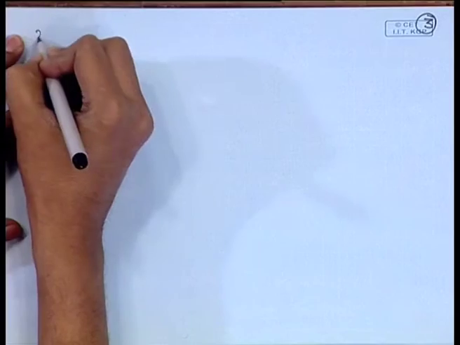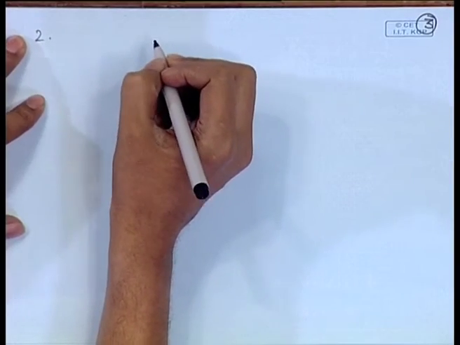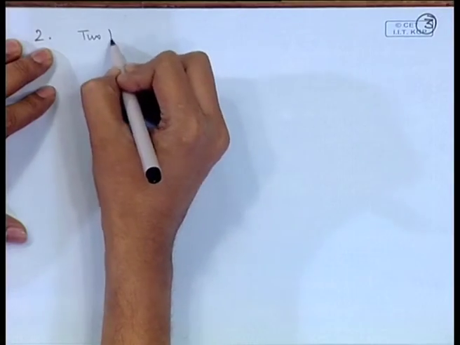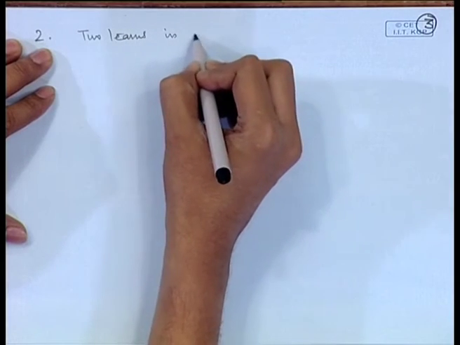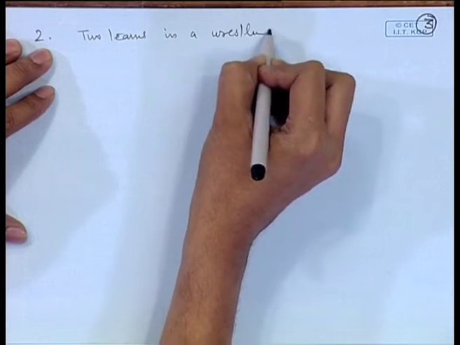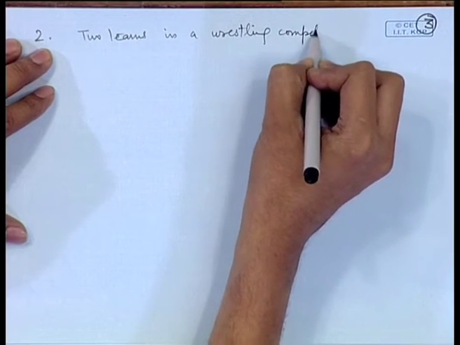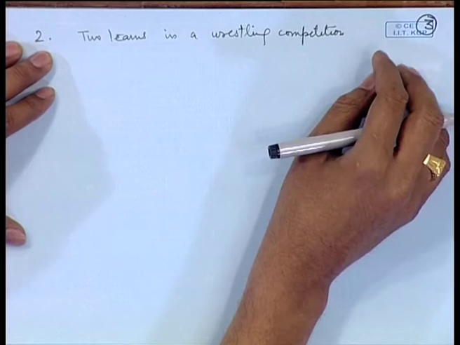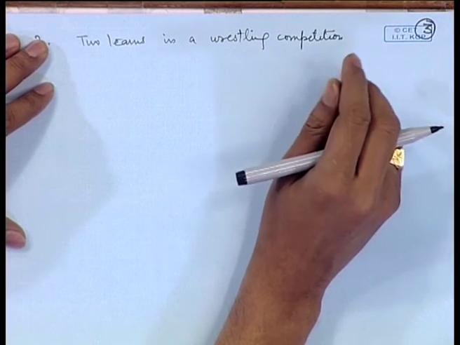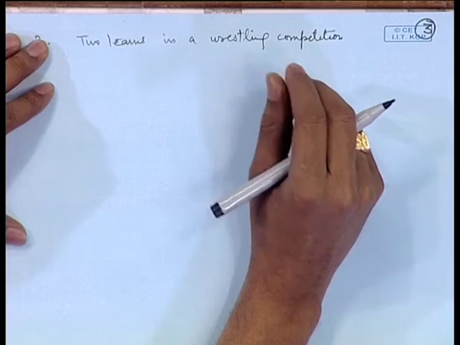Let us take some more examples. Suppose there are two teams in a say wrestling competition, and we want to see whether the average weights of the wrestlers are same in the two teams, or one of them is having higher weights than the other one, because this is a crucial factor in the outcome of the actual match.